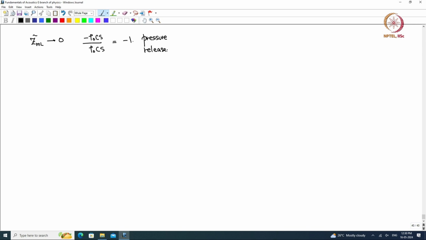Here what happens is the incident is A tilde e to the power minus jkl and the reflected is B tilde e to the power jkl, and because of the minus 1 they are opposed to each other in sign. And therefore, the net pressure at x equal to L is 0. That is why it is called the pressure release condition.